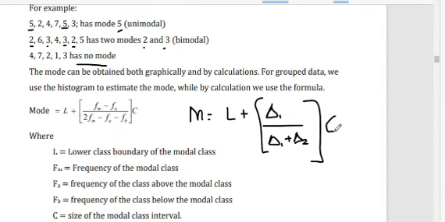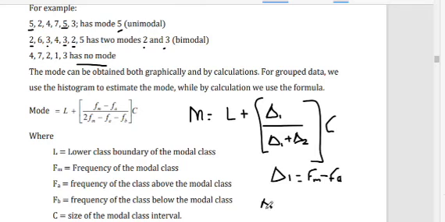Now, let me explain what D1 is. D1 is equal to FM minus FA. I'm simplifying it now.